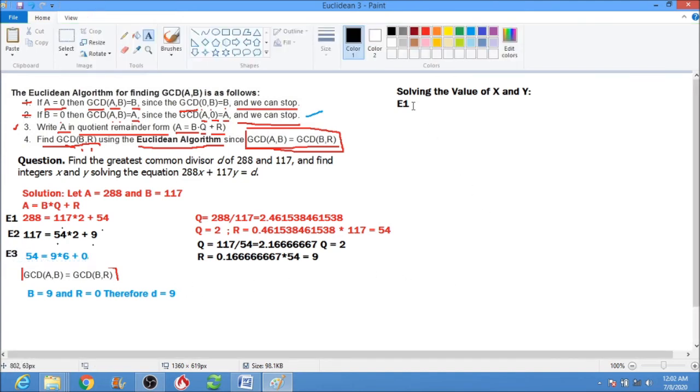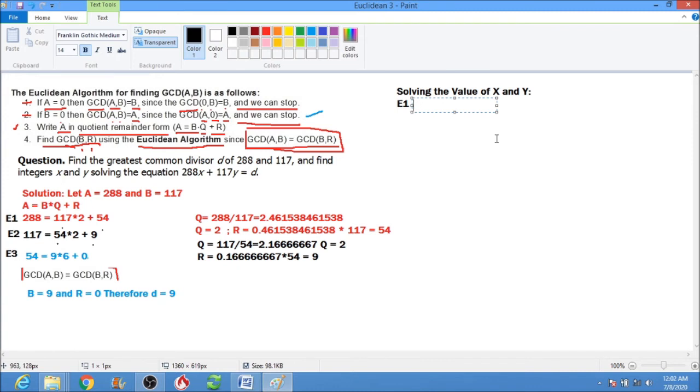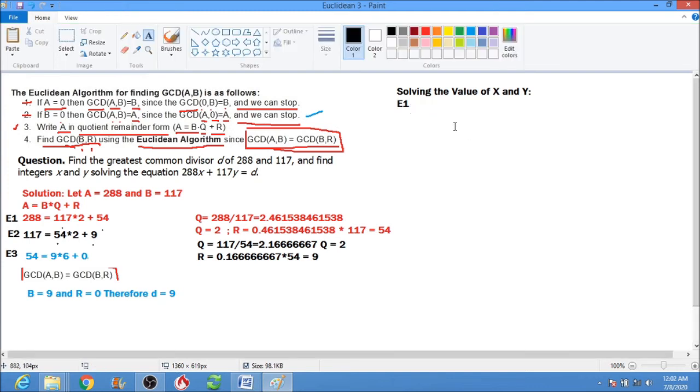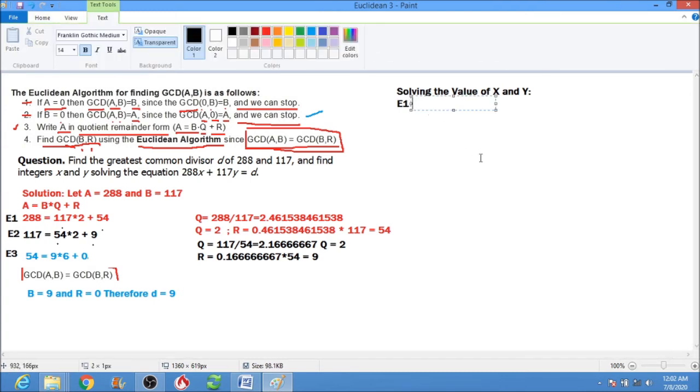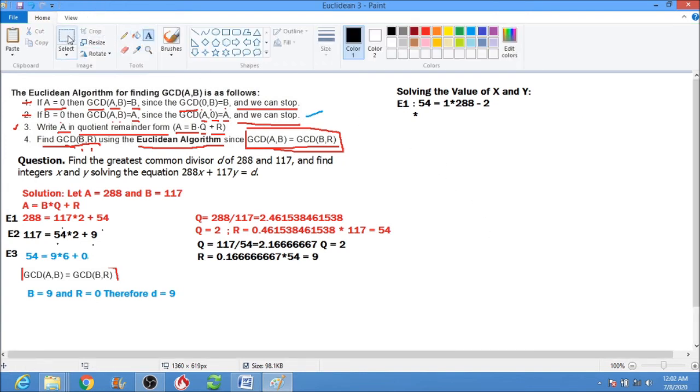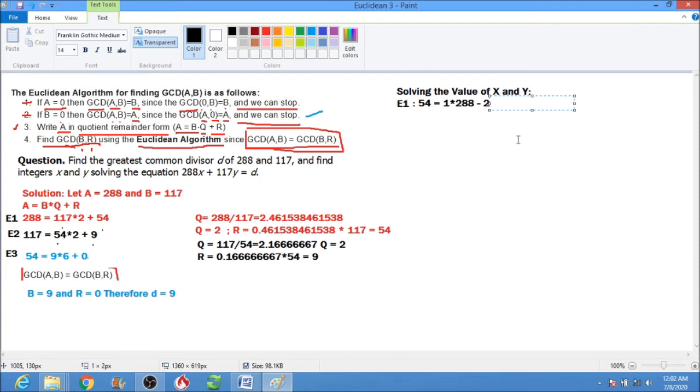E1 can be written as 54 equals 1 times 288 minus 2 times 117. Next, E2 can be written as 9 equals 1 times 117 minus 2 times 54.